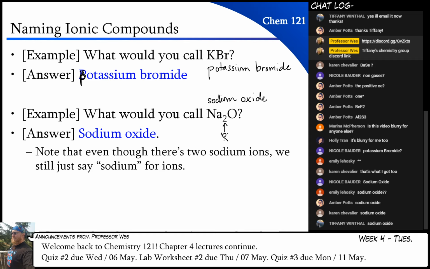And so we ignore the quantities when we are dealing with ionic compounds. Okay, so be mindful of that. Don't put like disodium, because that would be wrong. We do not worry about how many numbers there are. We just name the metal and then name the nonmetal with "ide."